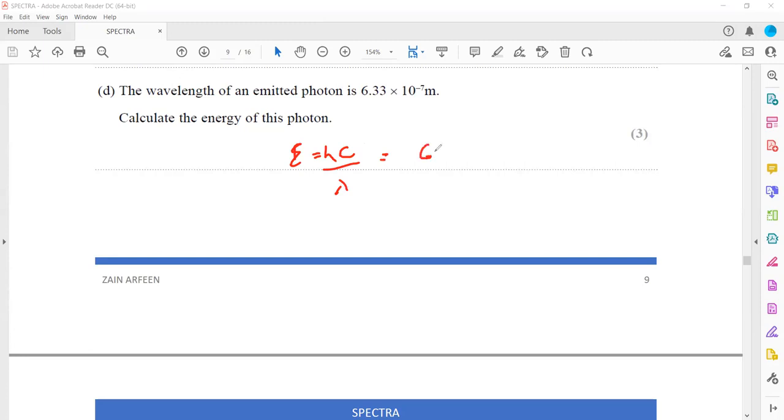So h is Planck's constant, 6.63 × 10^-34, c is the speed of electromagnetic radiation, and λ is the wavelength, 6.33 × 10^-7.